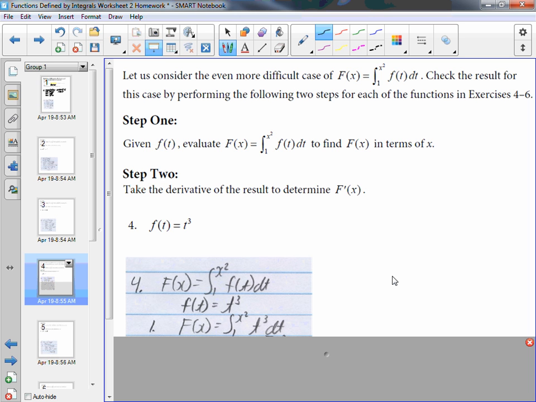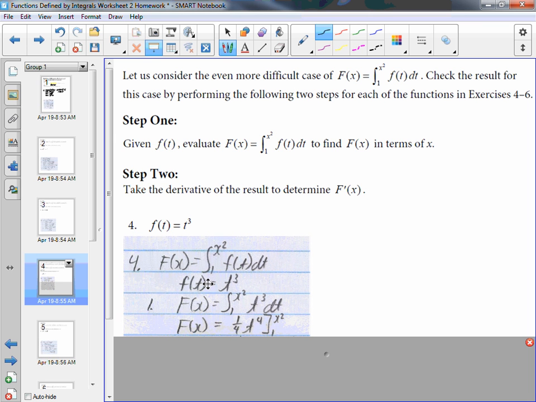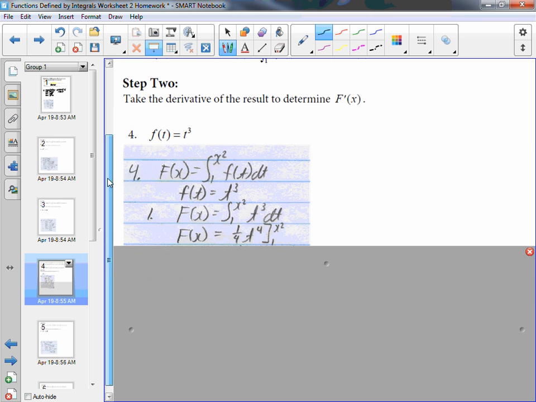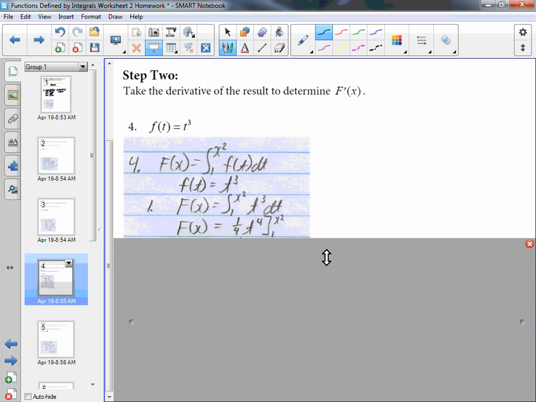Okay, so let's take the integral. Capital F of x equals, well, the antiderivative of t cubed is still 1/4 t to the 4th, like it was 2 minutes ago. But this time it's not evaluated from 1 to x, it's evaluated from 1 to x squared. So let's evaluate for x squared first.